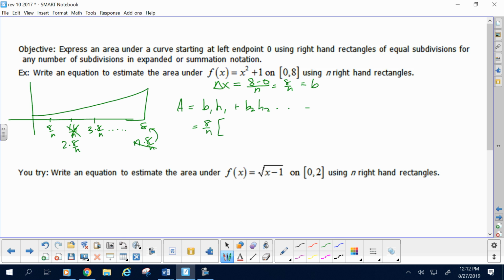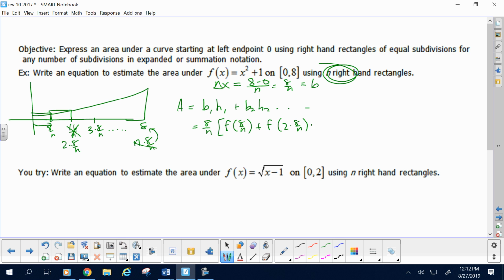Now, let's talk about the heights. We're using right-hand rectangles. So the first height, will it be at 0 or 8 over n? If I'm using the right side, I use 8 over n. So the first height is f at 8 over n. The second height is between 8 over n and 2 8 over n's, and we would draw it at the right side, so 2 8 over n's.